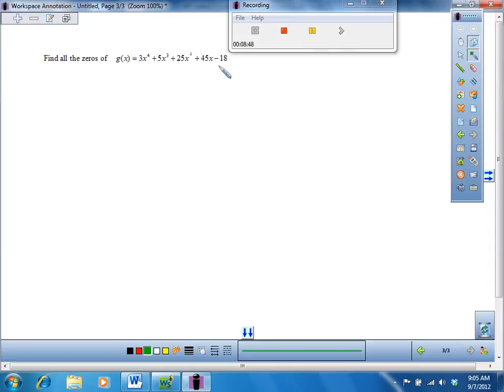The p's give you plus or minus 1, plus or minus 2, plus or minus 3, plus or minus 6, plus or minus 9, and plus or minus 18. And the q's, the factors of this, are plus or minus 1, plus or minus 3.